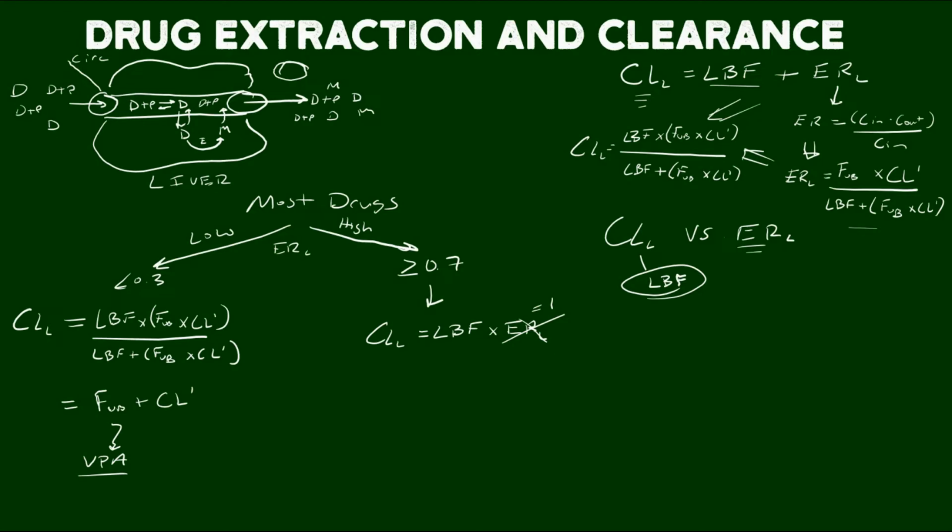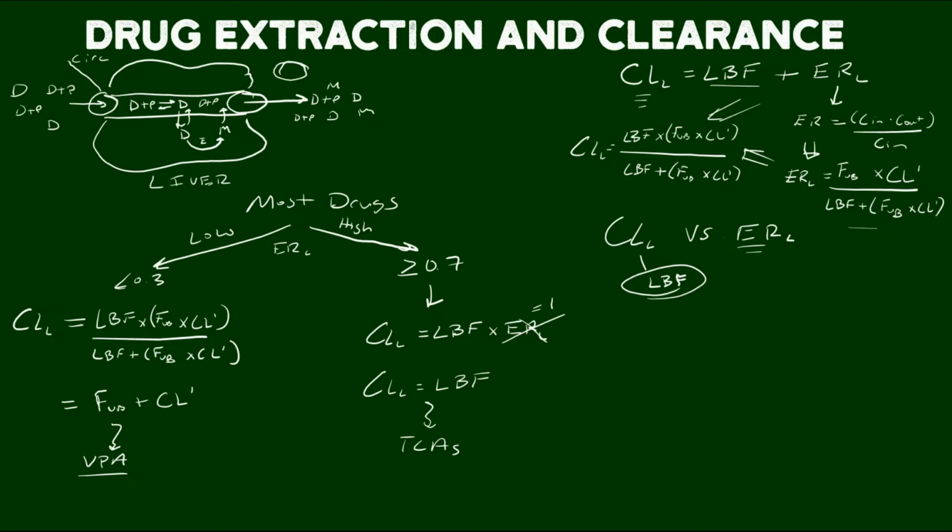So it's liver blood flow that's dictating the clearance in a high extraction drug, because it's so good at extracting the drug and metabolizing and getting rid of it that it's all dependent on how high the liver blood flow is. In a high extraction drug scenario, it's equal to the liver blood flow, and an example of this would be tricyclic antidepressants.